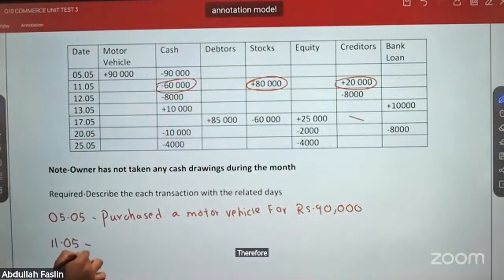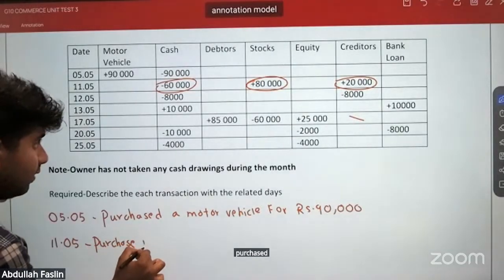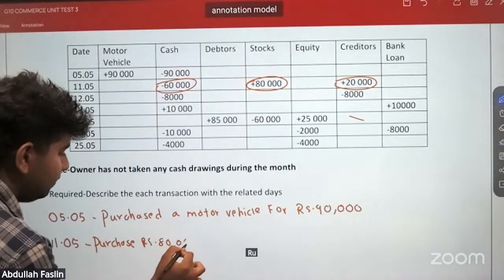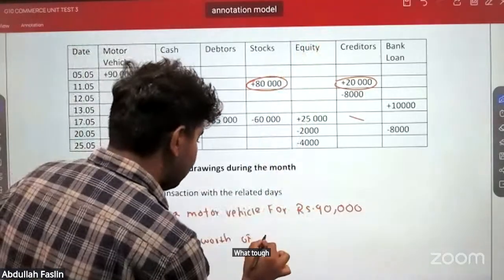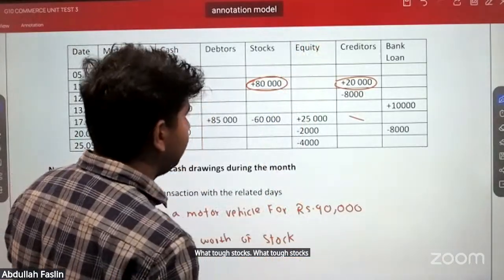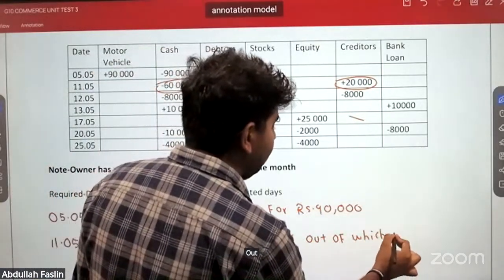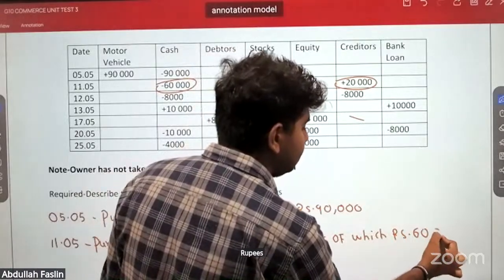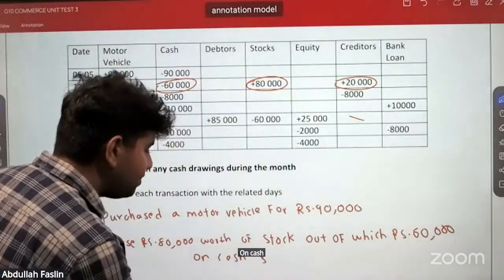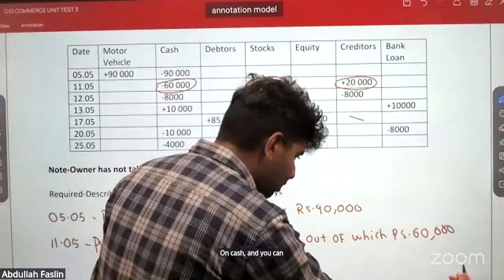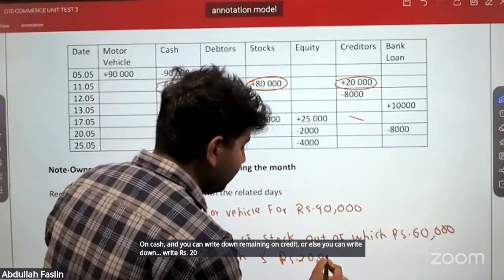Therefore, write down: purchased rupees 80,000 worth of stocks, out of which rupees 60,000 on cash, and you can write down remaining on credit, or else you can write down rupees 20,000 on credit.